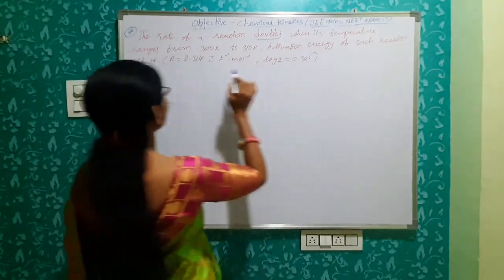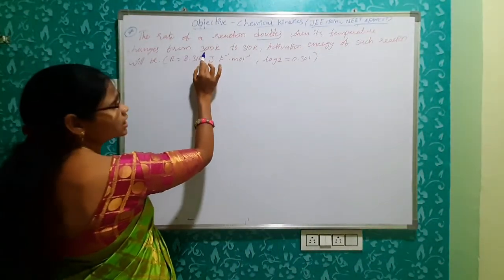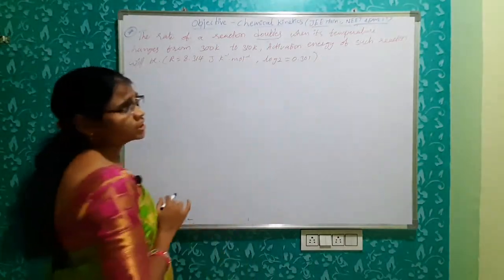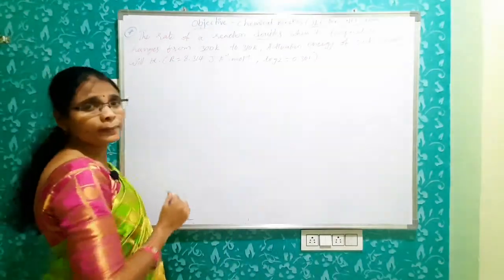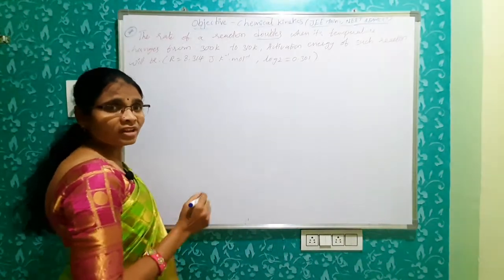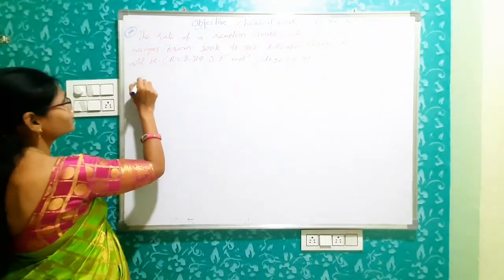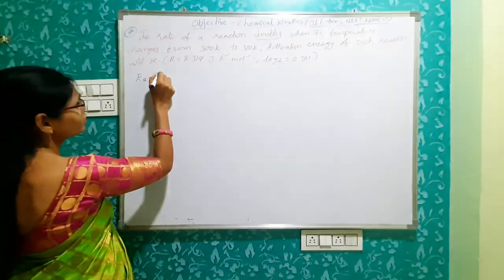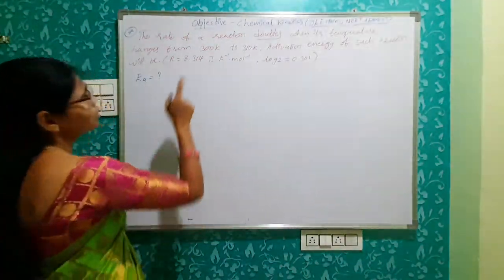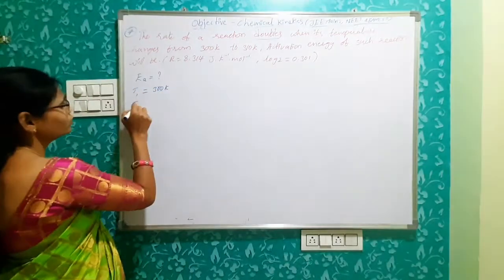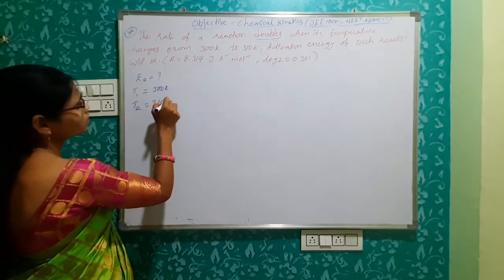when its temperature changes from 300 kelvins to 310 kelvins. The activation energy of such a reaction will be, what has he given? First of all, we have to calculate the activation energy. Temperature T1 is given as 300 kelvins, T2 is given as 310 kelvins.